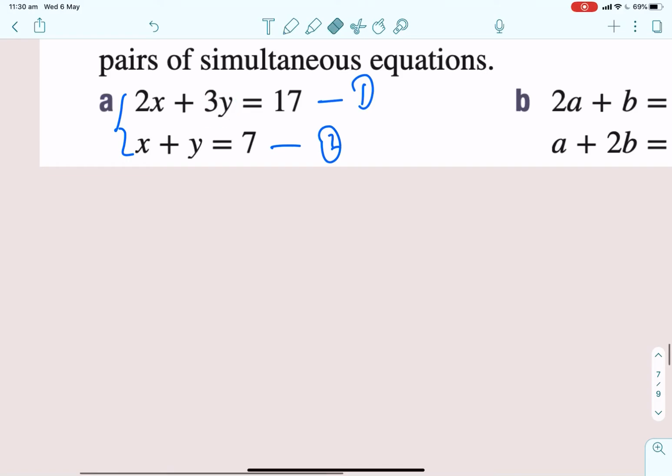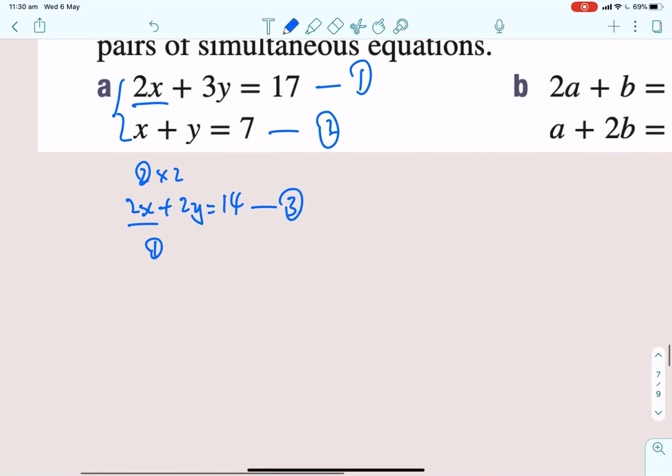Doesn't really matter. I like small number, so I'm just going to times the second one by 2. So you got 2x plus 2y equals 14. Okay, that's 3. Now you got both 2x, so we just need to use one minus the other. It looks like the number on equation 1 is bigger, so I'm going to use 1 minus 3.